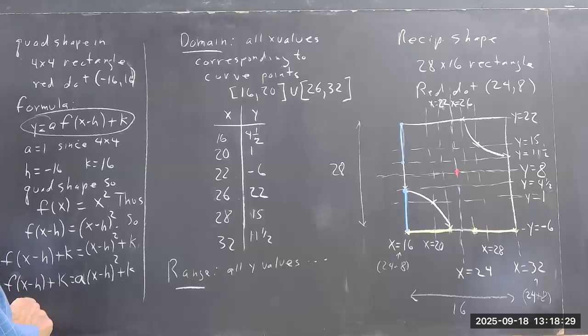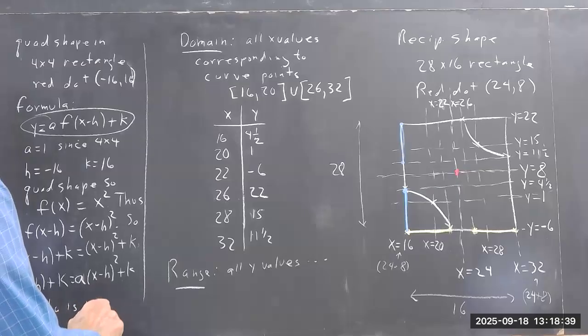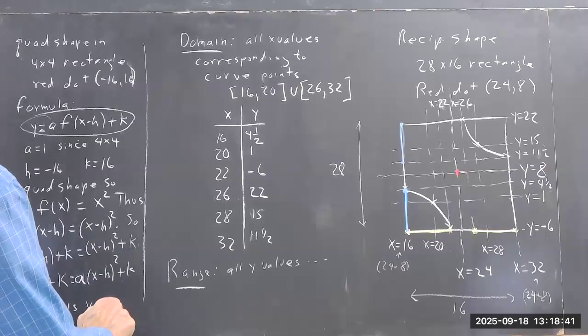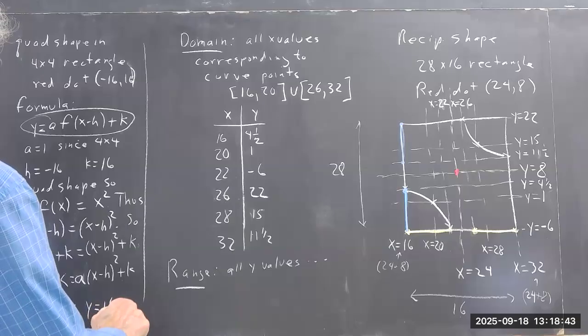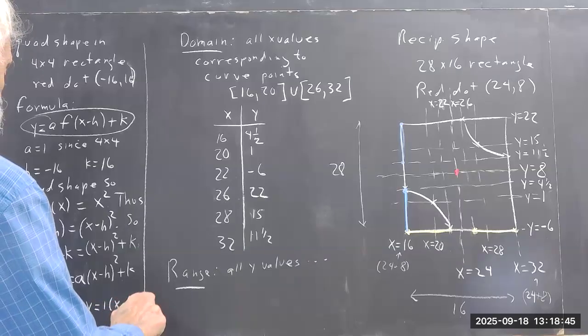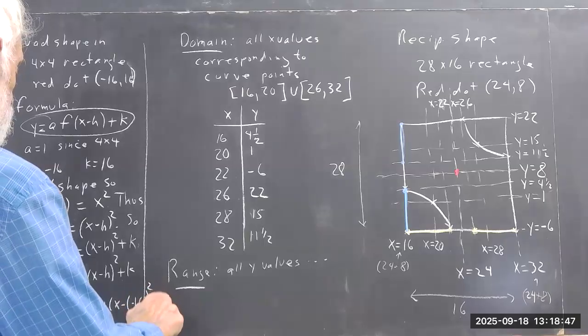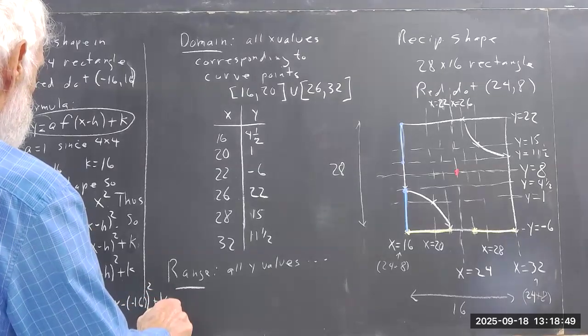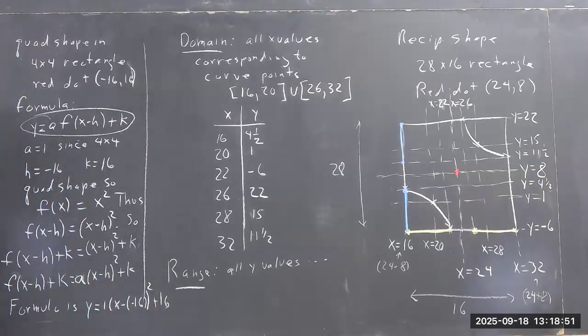So the formula is y equals 1 times x minus negative 16 squared plus 16.